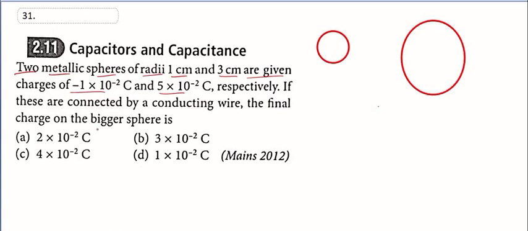This radius is 1 centimeter, this radius is 3 centimeter. This is the small sphere, this is the bigger sphere. The charges are minus 1 into 10 to the power of minus 2 coulomb and 5 into 10 to the power of minus 2 coulomb.